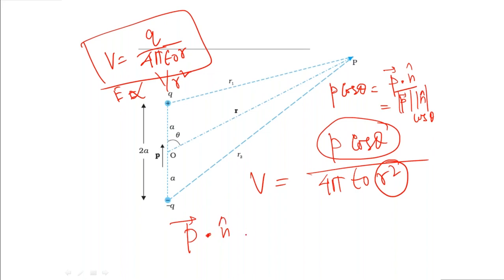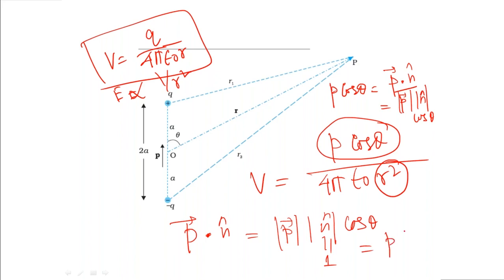This modulus is 1, and this modulus, suppose, is p. So you get p cos theta, which I can write as p dot n cap.